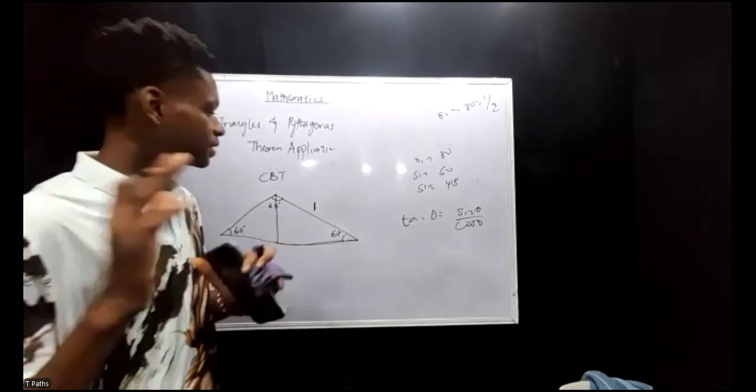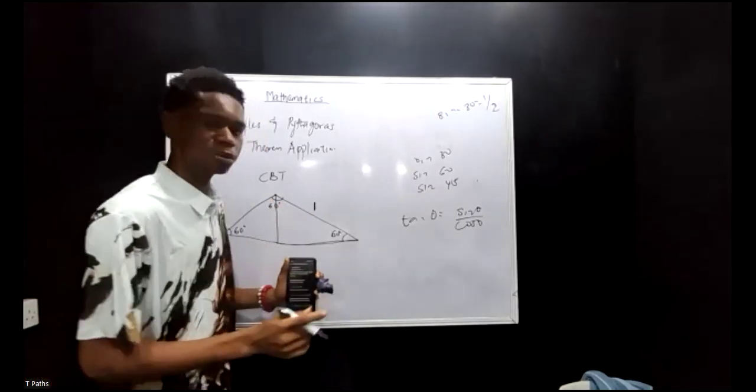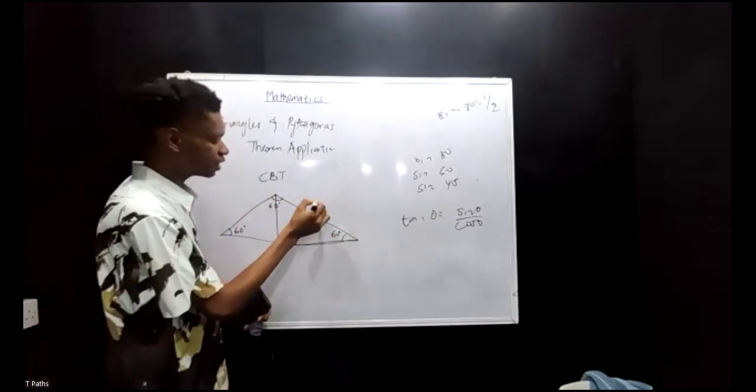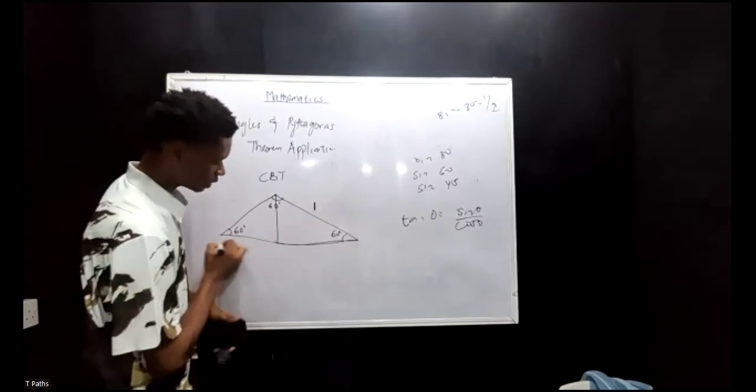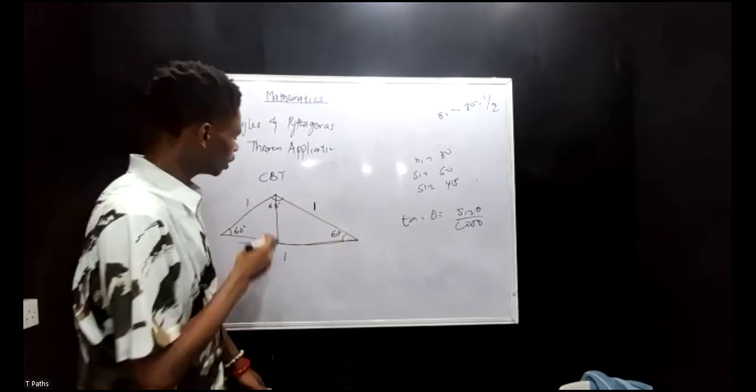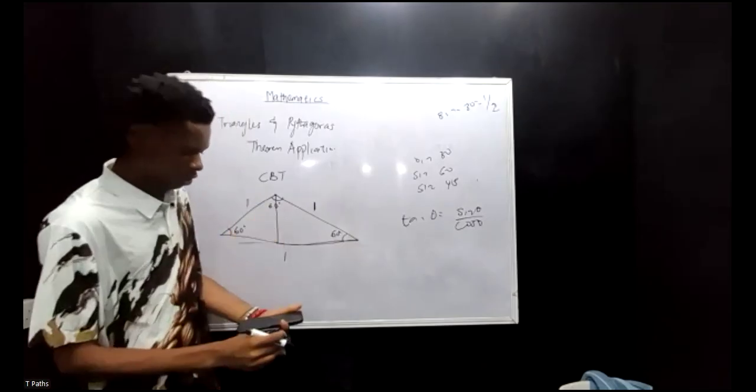Since this is an equilateral triangle, all sides are equal and all angles are equal. So if this side is 1, the whole length of this base is 1. The length of this side is also 1. Now look at what I'm doing here. Let me change it to a dotted line.